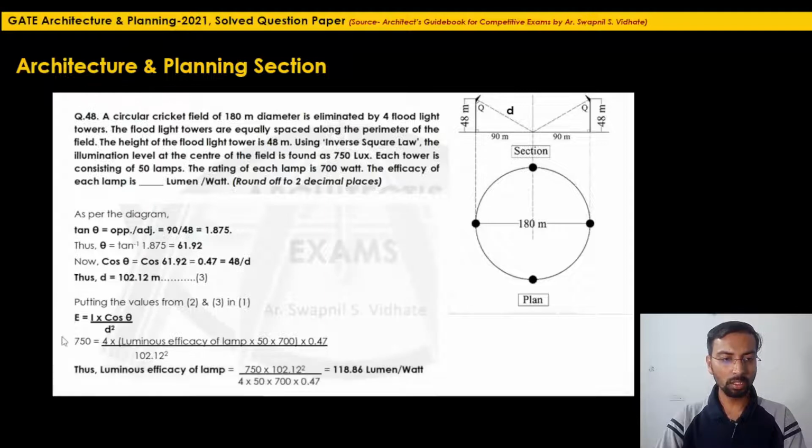So just do the cross multiplication. You will get the luminous efficacy of lamp as 118.86, and the unit will be lumen per watt.